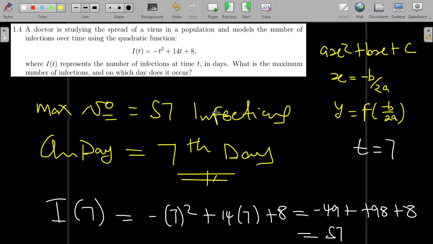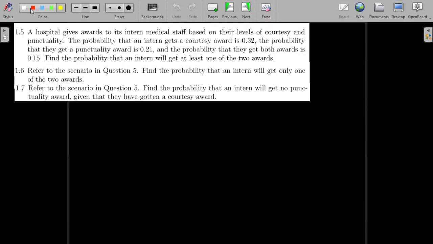Okay, let's look at question 5. So question 5, they're saying a hospital gives awards to its intern medical staff based on their levels of courtesy and punctuality.